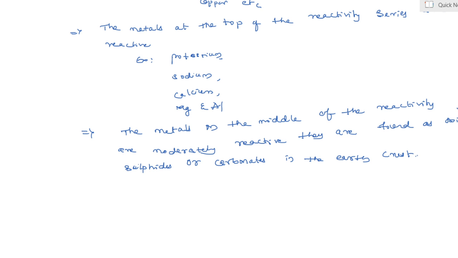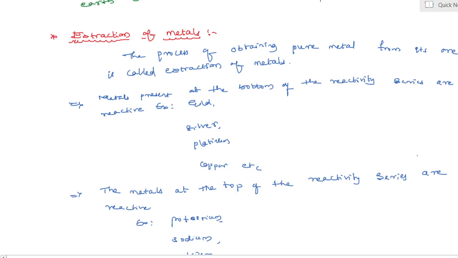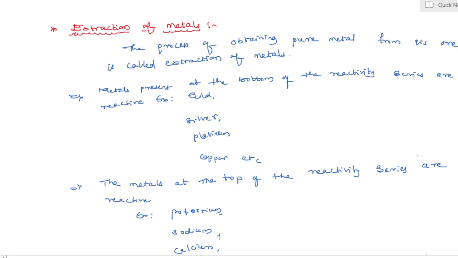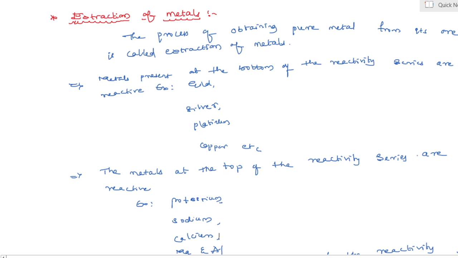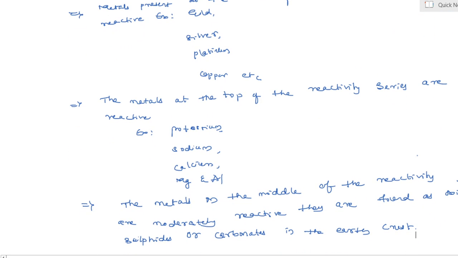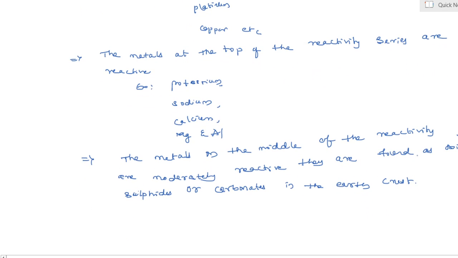Now, let us see. Extraction of metal. The process of obtaining pure metal from its ore is called extraction of metal. Here, metals present in the bottom of the reactivity series are least reactive metals. Example, gold, silver, platinum and copper, and the metals at the top of the reactivity series are highly reactive. Example, potassium, sodium, calcium, magnesium and aluminum.